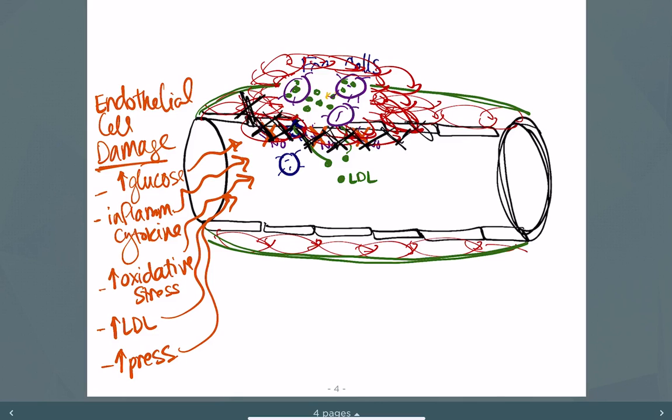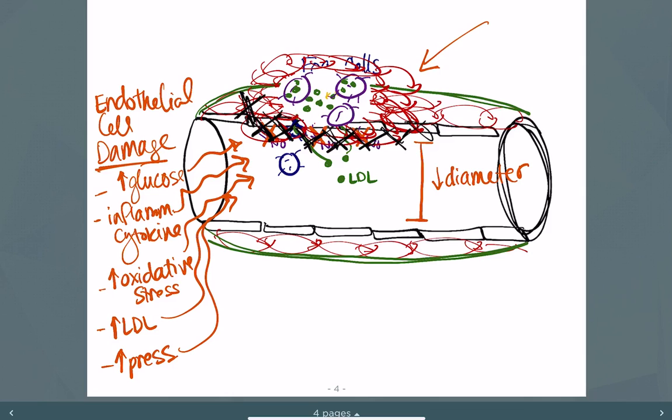The reason this causes a problem, first, is that it decreases the diameter of this vessel because the plaque moves into the vessel lumen and takes up the space. This wall is no longer reactive to the environment.